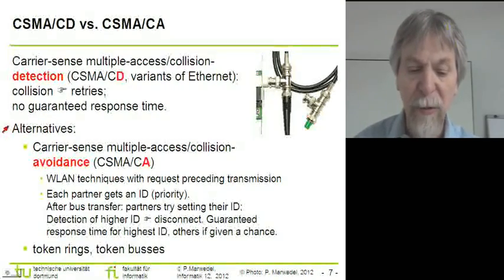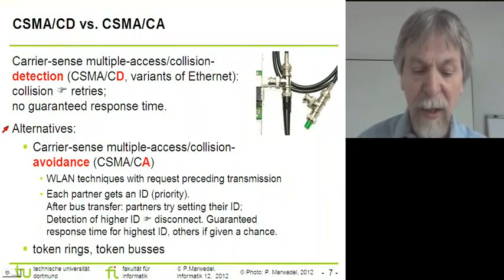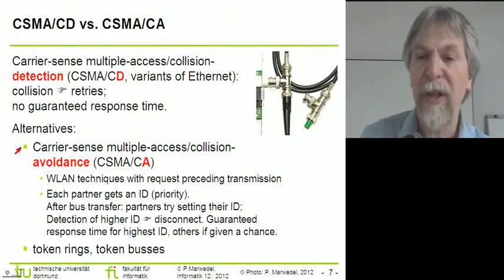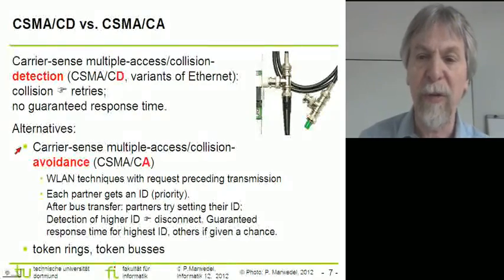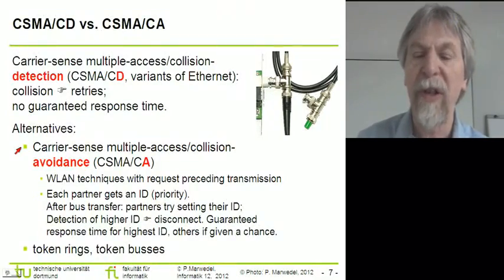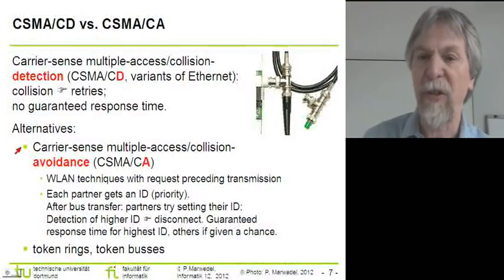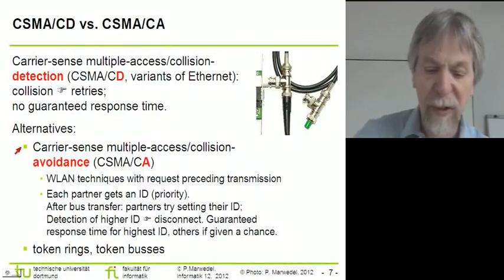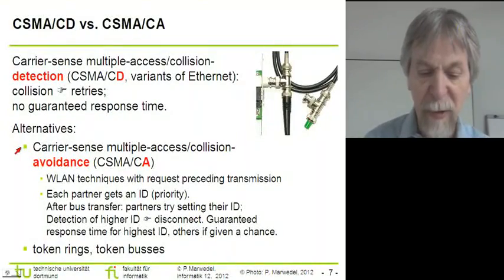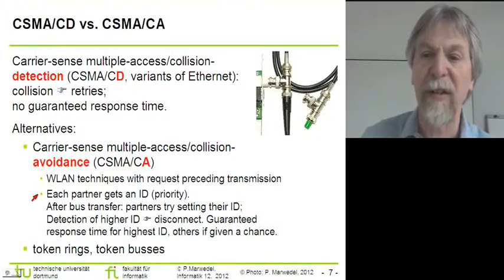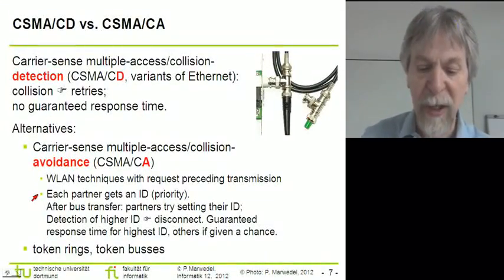So we have to look for other options, and some of the other options that we can use there are based on the idea of not trying to look for possible conflicts between communication partners at the time when we propagate the actual message, but to do this in a separate phase. And this is used, for example, for most wireless LAN techniques, and this also applies to certain standards for bus-based communication.